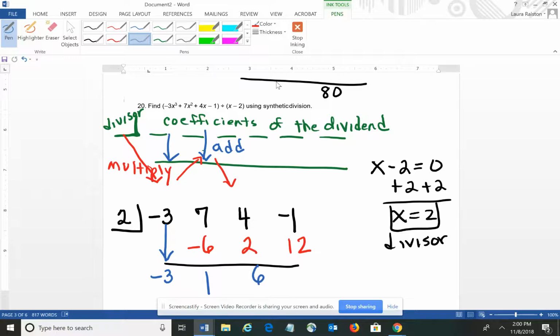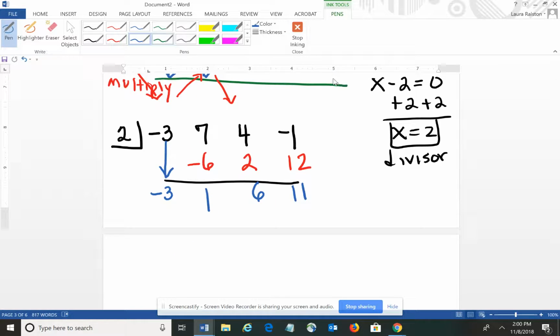Plus negative 1 gives me 11. In synthetic division, this number at the end, the 11, represents the remainder. We've divided out an x term, so we started with 3x cubed. So now I have negative 3x squared plus 1x plus 6, plus 11 over the original divisor of x minus 2. So that's synthetic division.